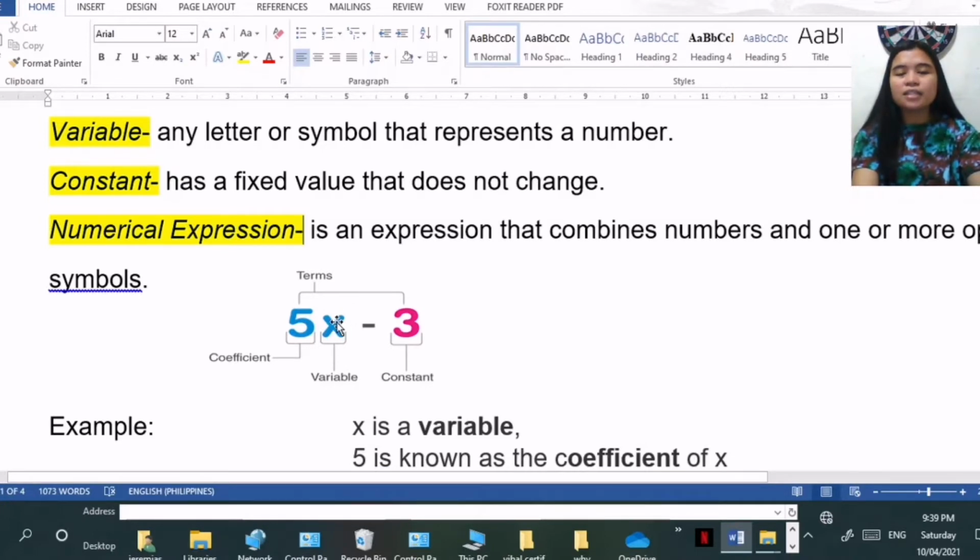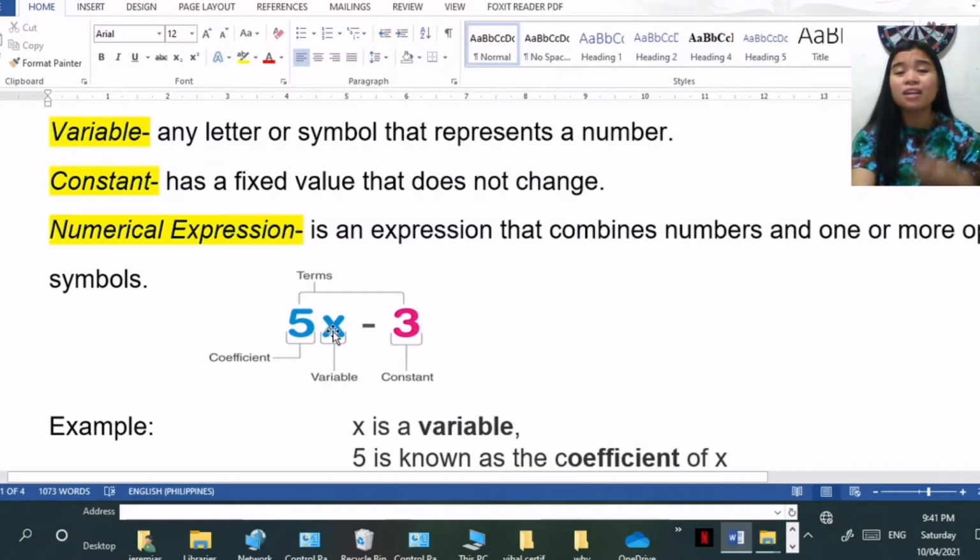Since x is a letter, it is called the variable. And 3 is the constant. Why is 3 called a constant? Because 3 is already 3. You can no longer change it. But this 5x is not considered a constant. Why? Because a variable is any letter or symbol that represents a number.